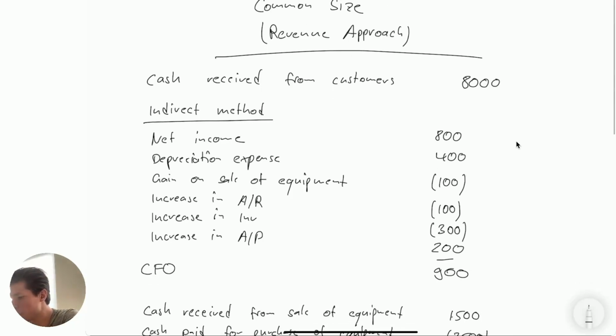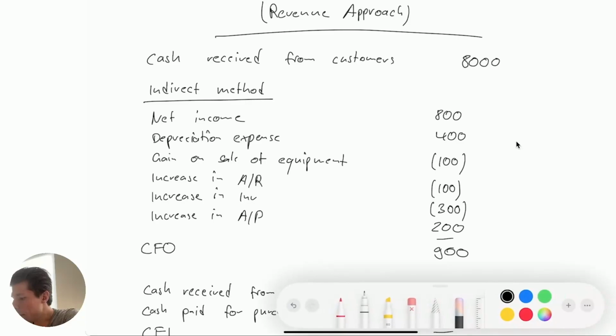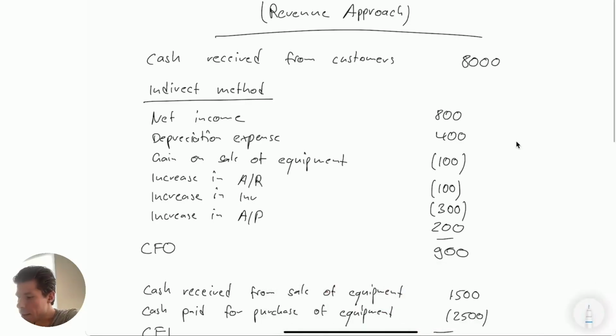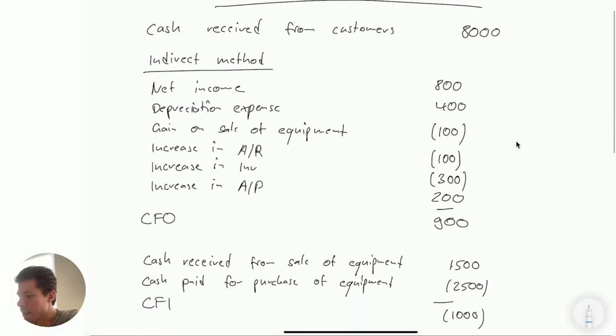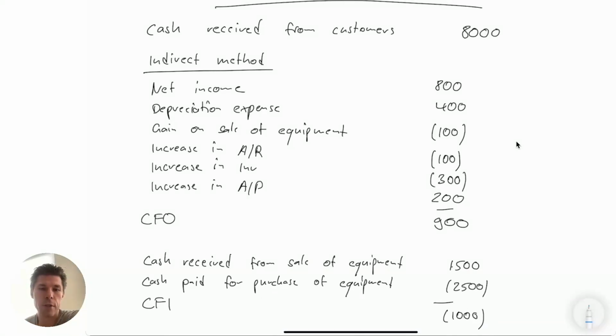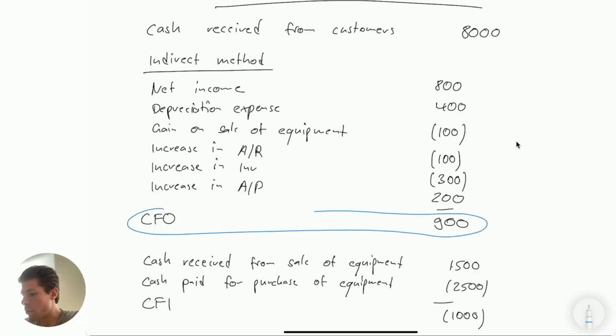Inflow-outflow approach, just to recap, is we are stating every single inflow item as a percentage of total inflows and every single outflow item as a percentage of total outflows. If we have the indirect method for CFO, we ignore all those items. We start with CFO right away.